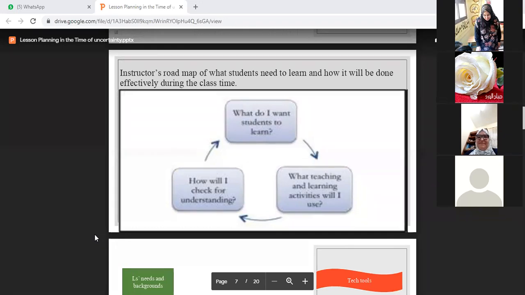Can you call this error correction? No, not error correction. I'm just motivating them to move and be engaged in the lesson. Share their opinions, share with their peers, and different strategies and different activities.